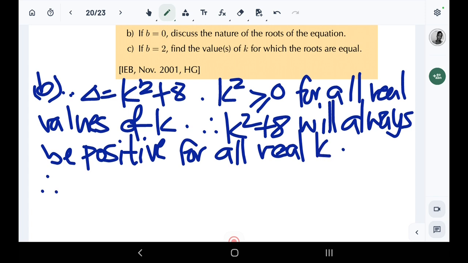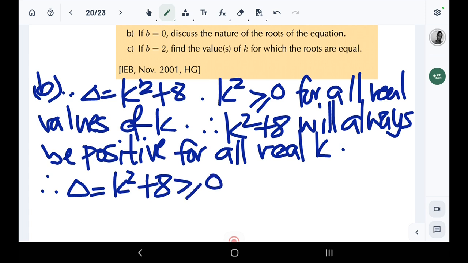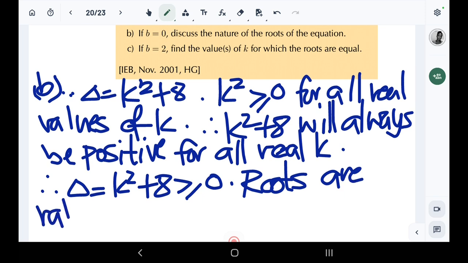Meaning that the discriminant k squared plus 8 will always be greater than or equal to 0, meaning that the roots are real and equal.